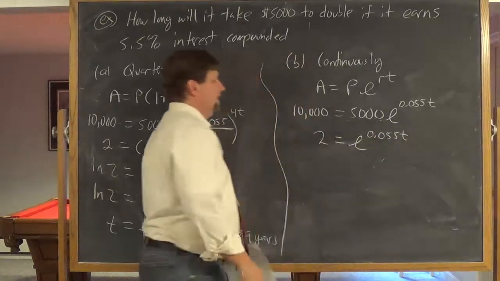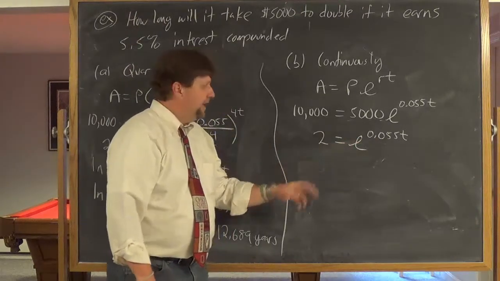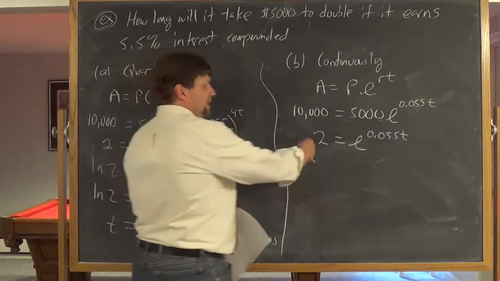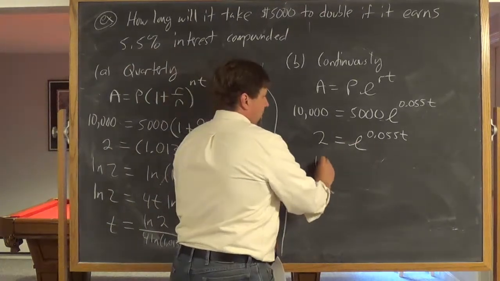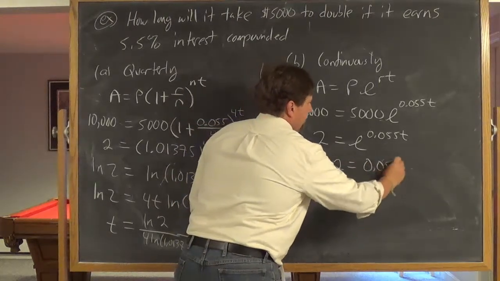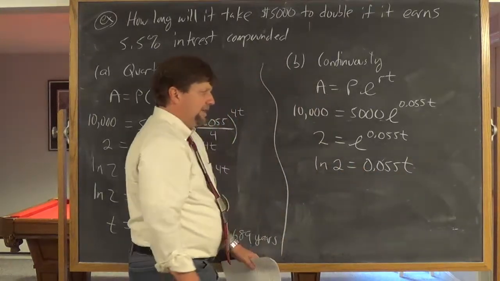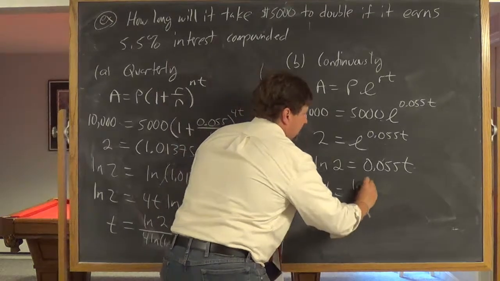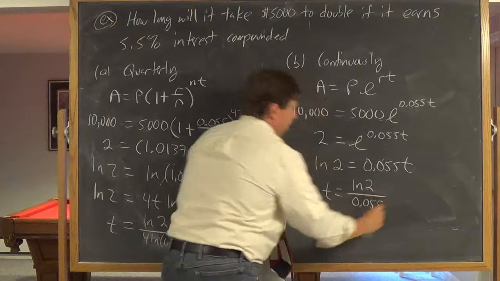0.055t. Now here, remember, I can take an exponential equation and rewrite it as a logarithmic equation pretty quickly. So this exponential equation, rewritten as a logarithmic equation, is the natural log of 2 equals 0.055t. Divide both sides by 0.055, and I get t is the natural log of 2 divided by 0.055.